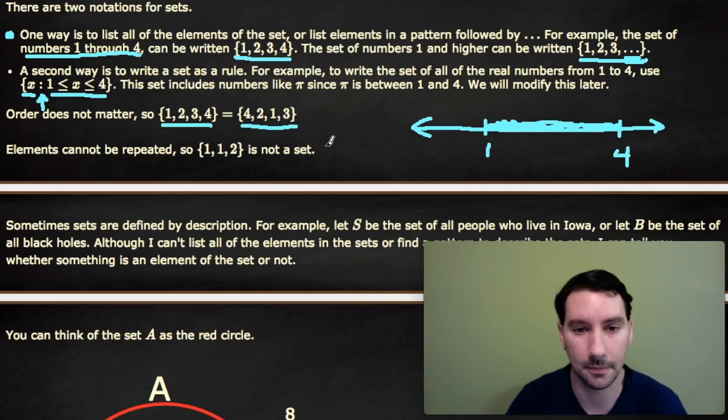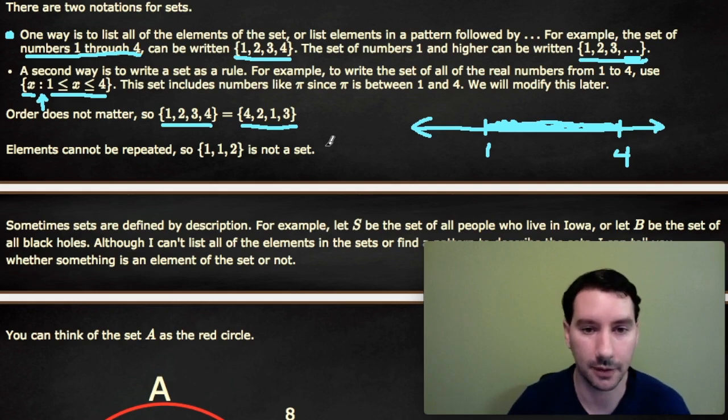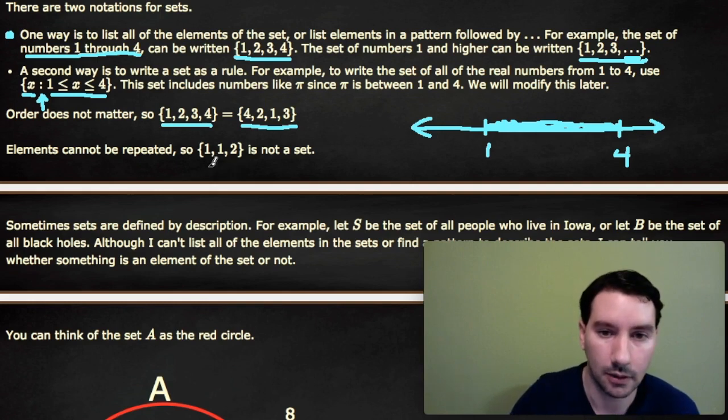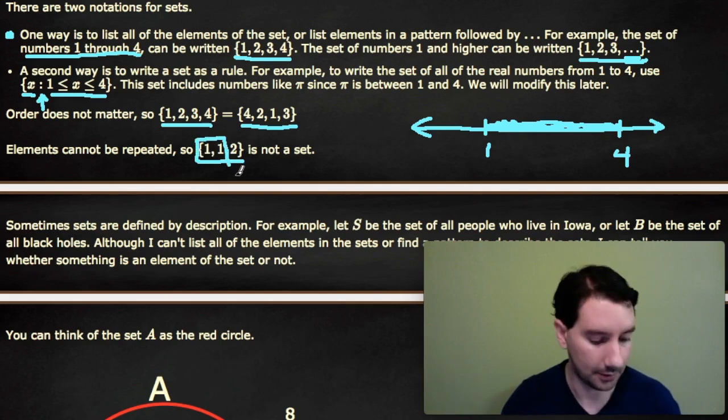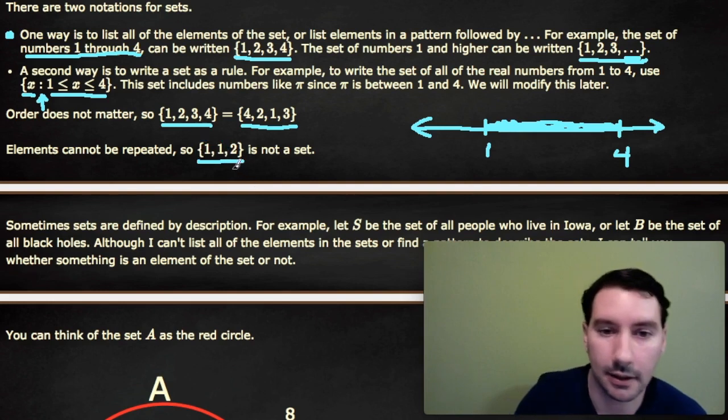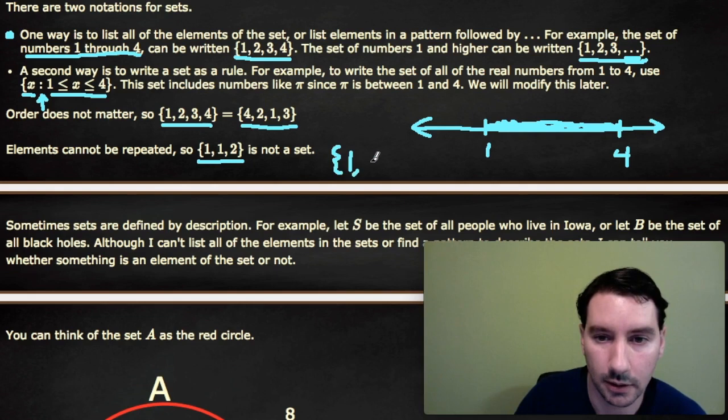So the same elements are members. And also, just like a list of people you invite to your party, you don't write down somebody's name more than once. If you do, that's a mistake. Right, so 1, 1, 2 doesn't represent a set because it shouldn't say 1 twice. So you can think of this repetition as a mistake. This set should be just 1, 2.